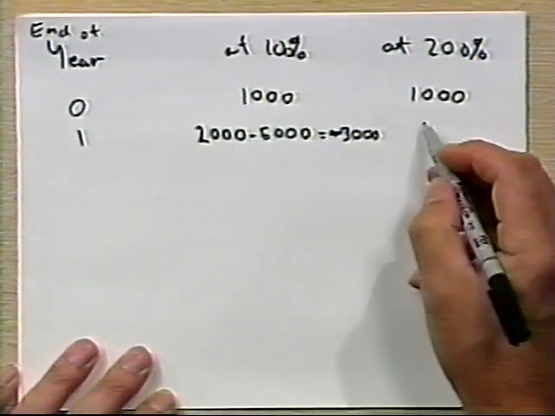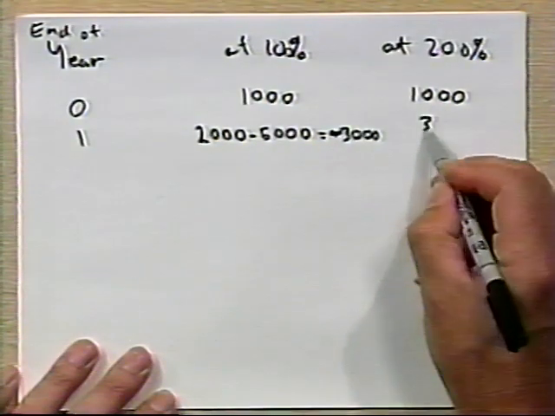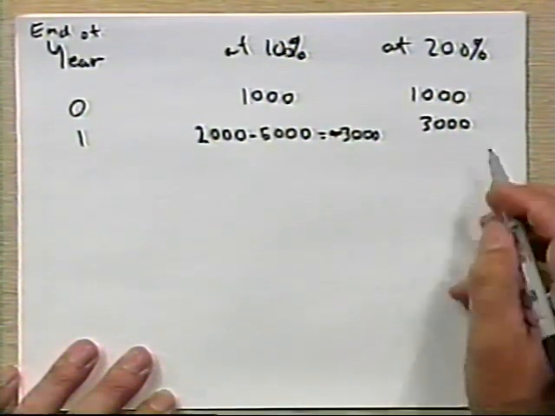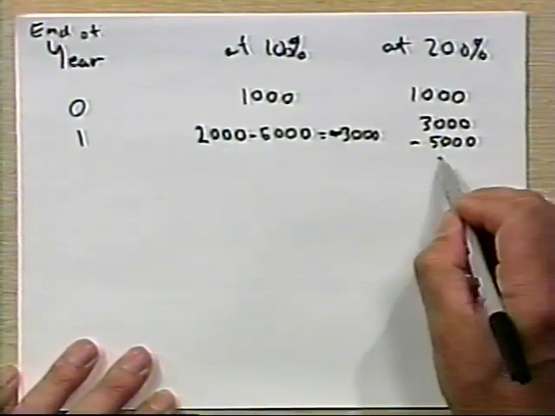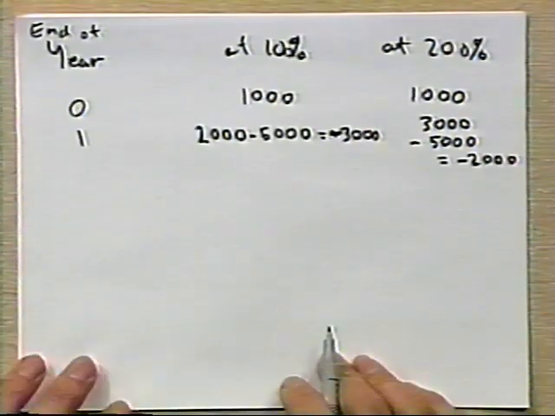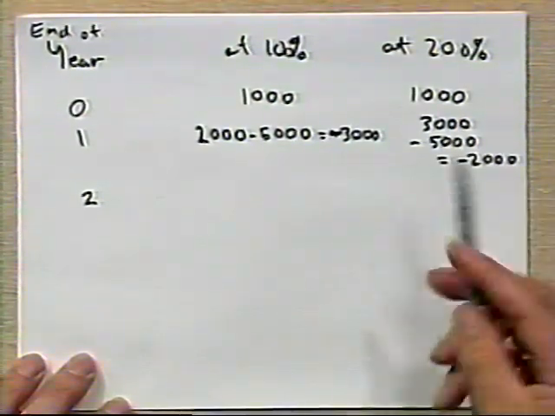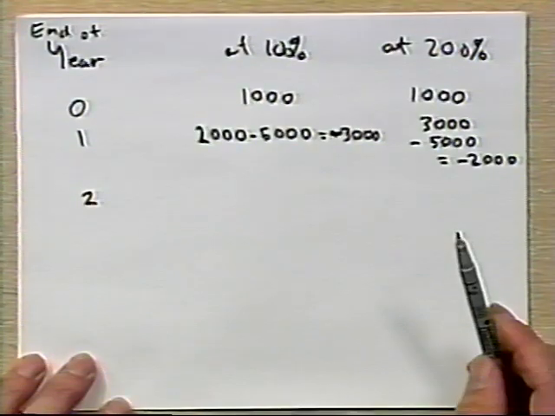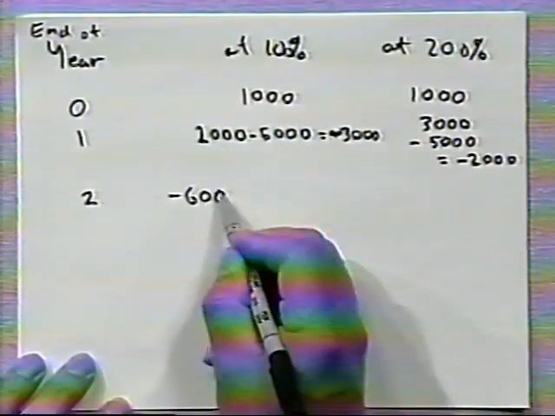At 200%, it'll be $3,000 because we earn 200% interest on that $1,000. We have to pay the $5,000, and we're left with minus $2,000. At the end of the second year, at 100% interest, that minus $3,000 doubles to be minus $6,000.